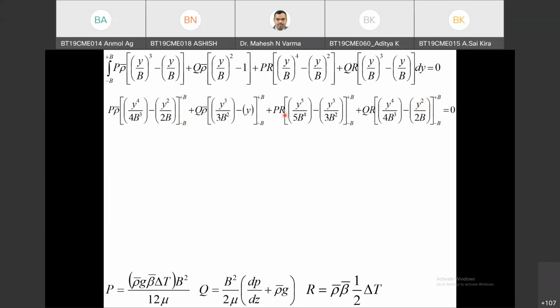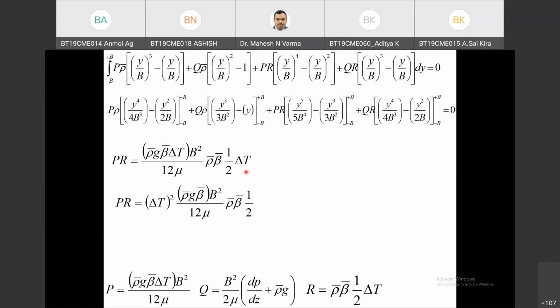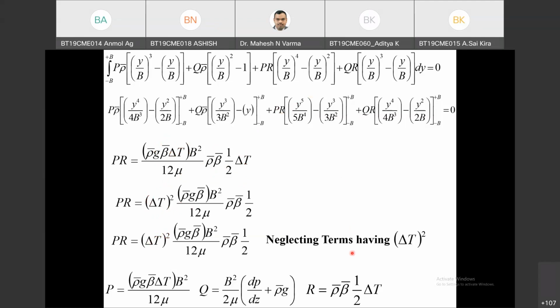Now if we analyze P into R: this is my P and this is my R, which will equal delta t square, since here one delta t is there and here one delta t is there. Neglecting delta t square, this will equal 0.